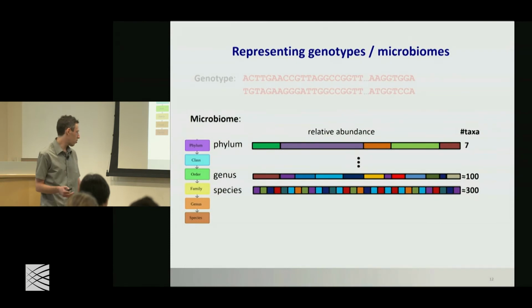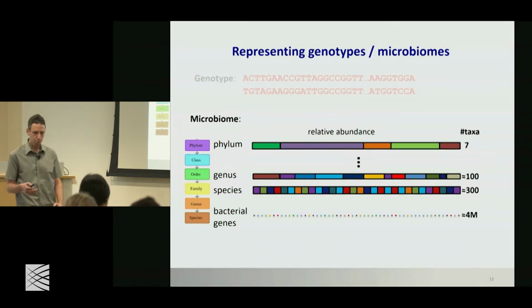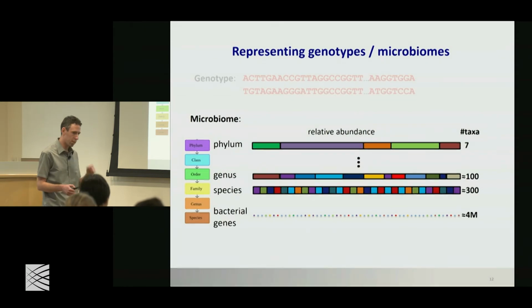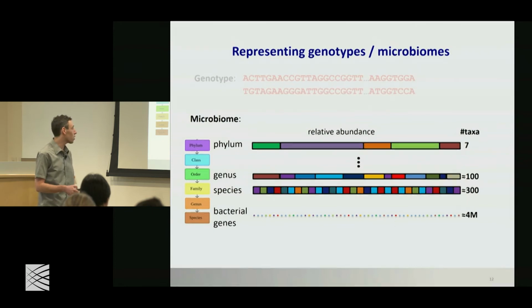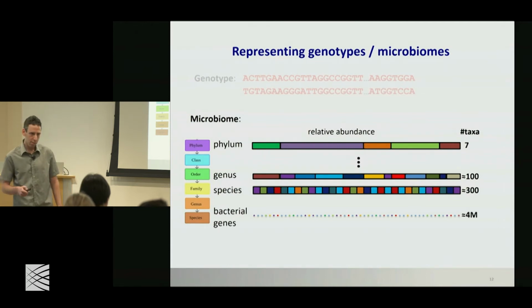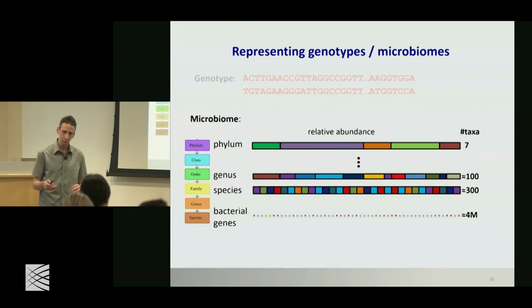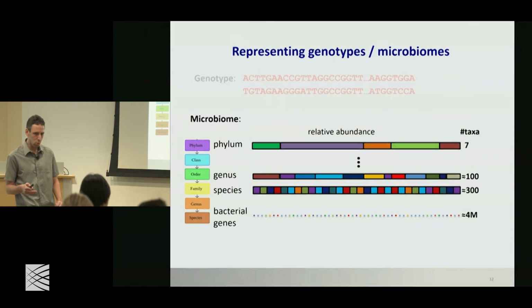And because we had metagenomic sequencing, we can drill down even further and profile the relative abundance of specific bacterial genes. And then we have millions of numbers, millions of variables, which can be used to represent the gut microbiome. And so we have this trade-off because if we choose to represent individuals using the upper taxonomic levels, this is a pretty robust and low-dimensional representation that is easy to work with, but it has a pretty low resolution.